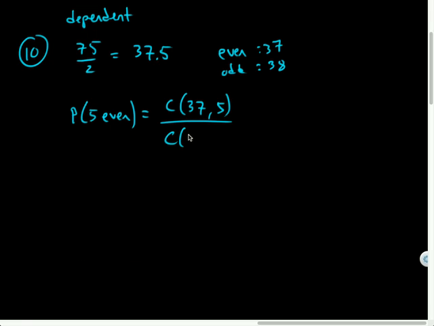Over how many are there total? 75. And we're choosing 5. So 37 combo 5 is 435,897. 75 combo 5 is 17,259,390.